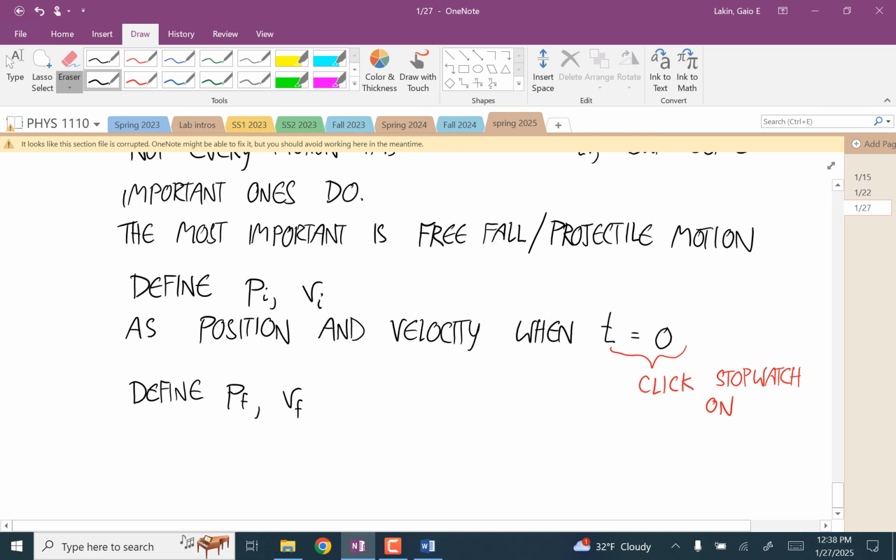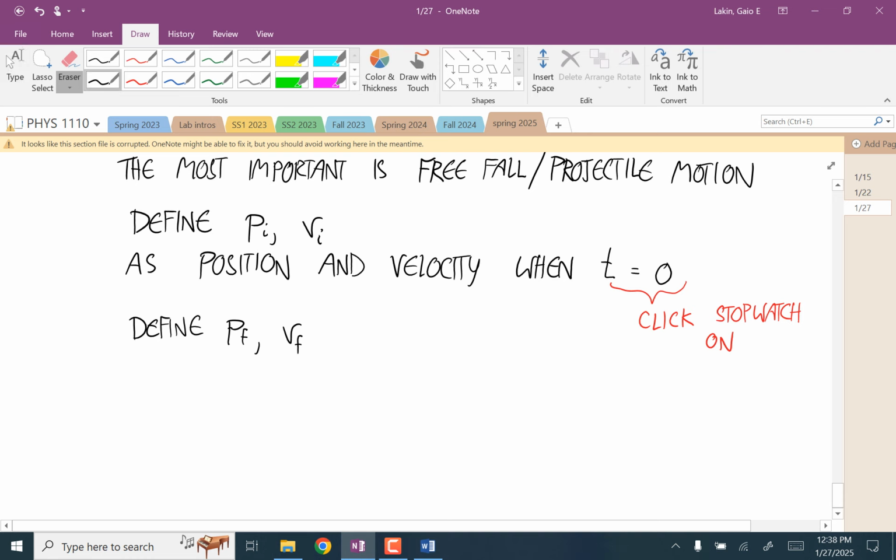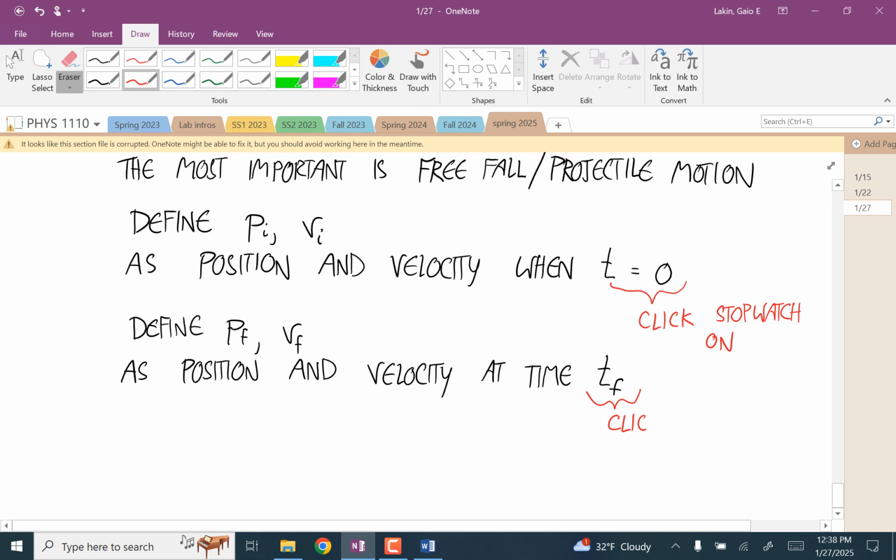That's why those have the subscripts F. PF and VF are going to be the position and velocity at time, I'm going to call it time t final. And that's when you click the stopwatch off to look at the value, to see you've been timing this thing. That's when you look to see how long it took.